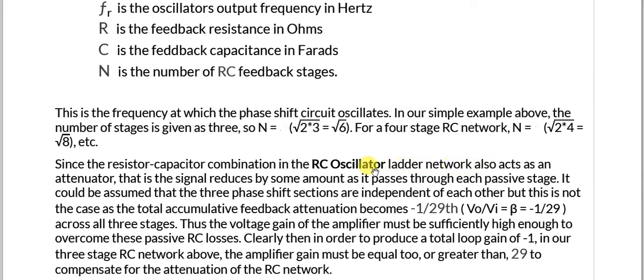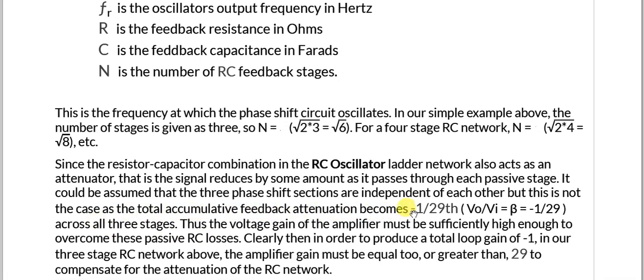It could be assumed that the 3 phase shift sections are independent of each other, but it's not the case, as the total cumulative feedback attenuation becomes beta equal to minus 1 by 29. So across all the 3 stages, this is the typical practical observed value.